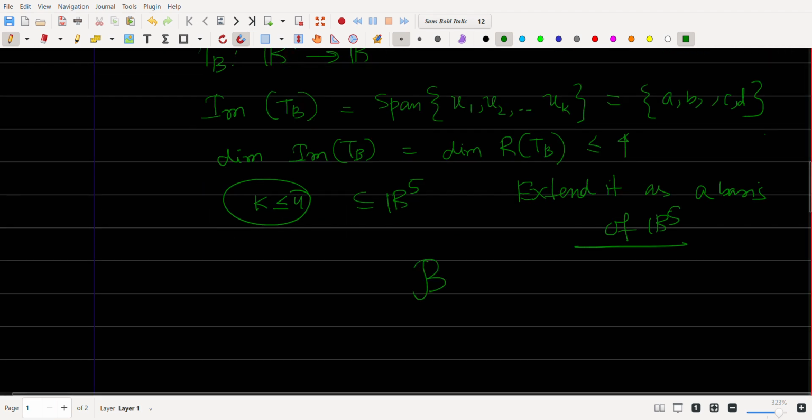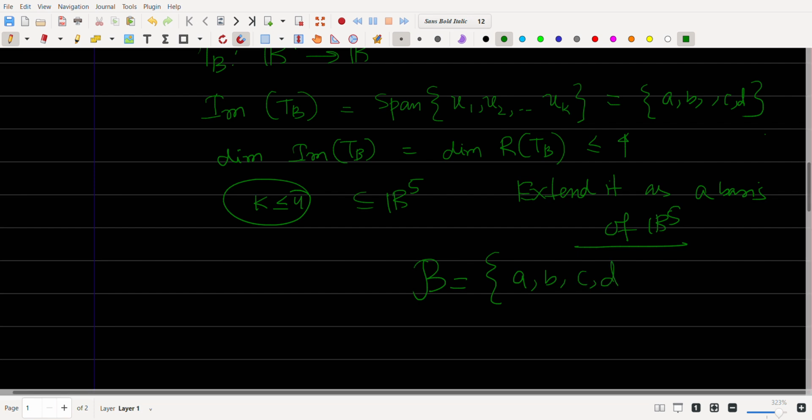The image cannot have dimension 0, right? Because it is a non-zero map, so the image has at least one non-zero vector and the dimension is at least 1. So if the image has dimension 1, 2, 3 or 4, you can just extend it to a basis of R5.